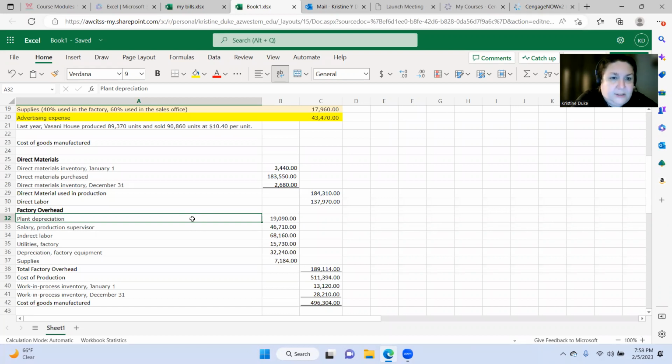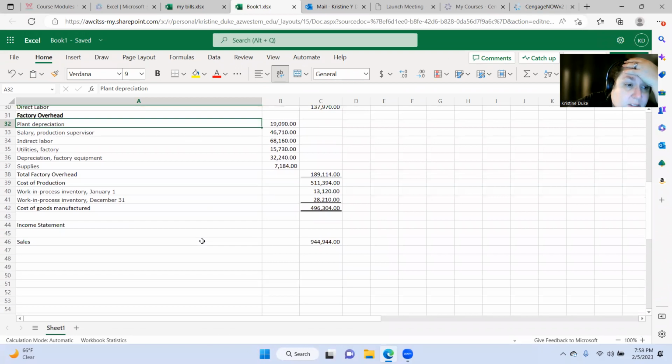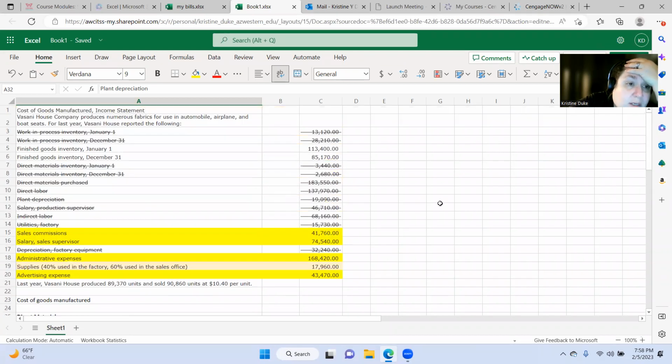Okay, my concern is the beginning finished goods. They're not giving me a number. So my concern is when you have inventory that may still be remaining, I need to take that into consideration.